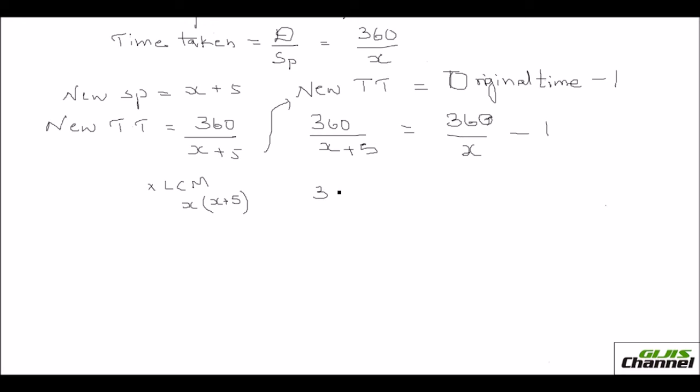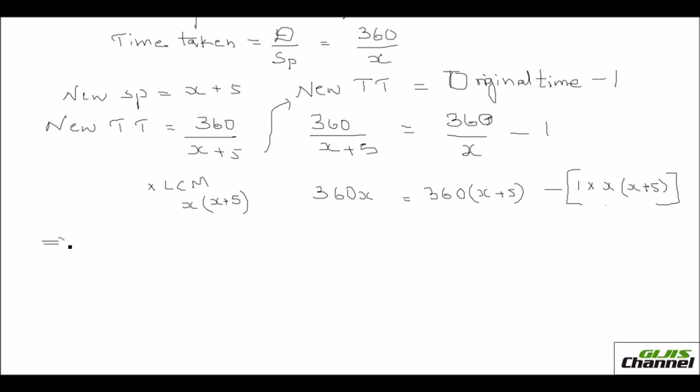So that is 360 times x, which is 360x, is equal to, on this side, the x will get cancelled and I would be multiplying 360 times (x plus 5), minus, and since it is minus, I just put this in a big bracket, 1 times x times (x plus 5), the LCM.